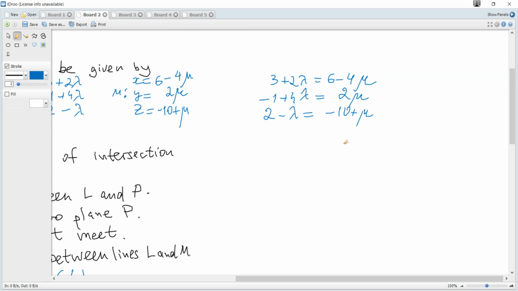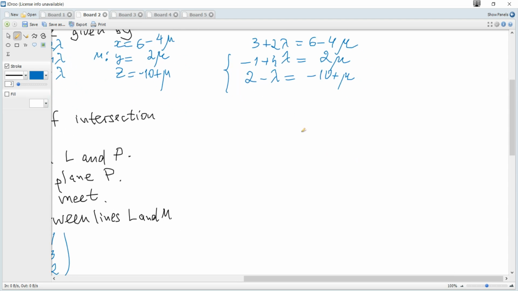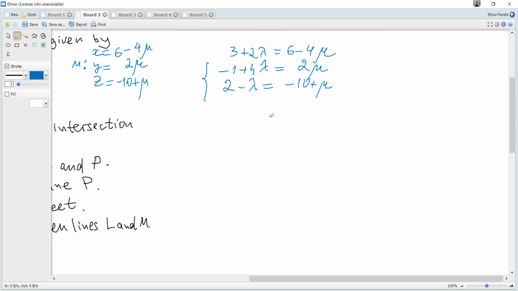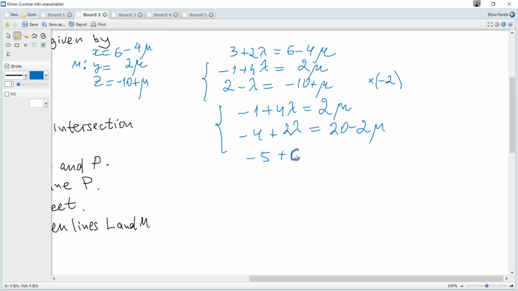Actually we can choose the second and the third, and by elimination let's multiply the third by -2, so -4 plus 2 lambda is plus 20 minus 2 mu, and now add both sides to get -5 plus 6 lambda is 20.